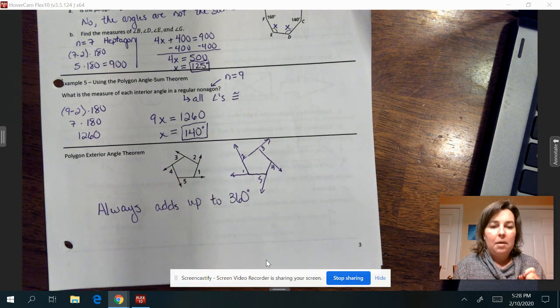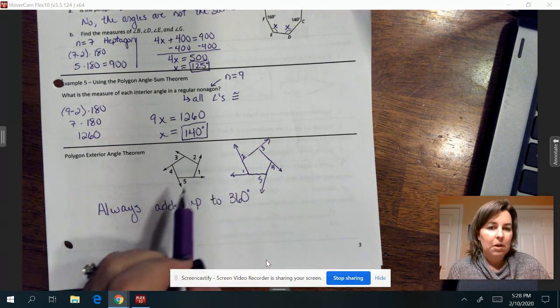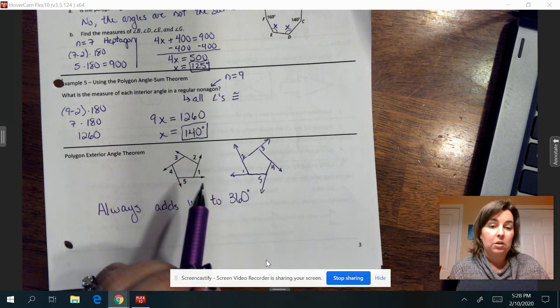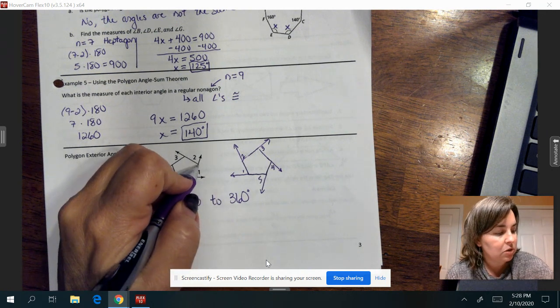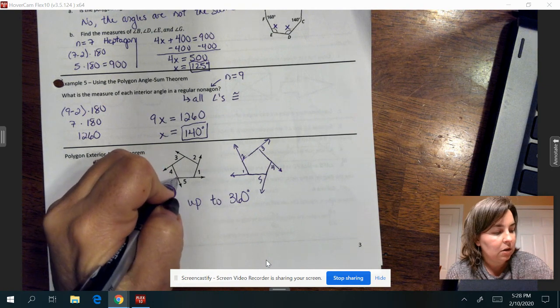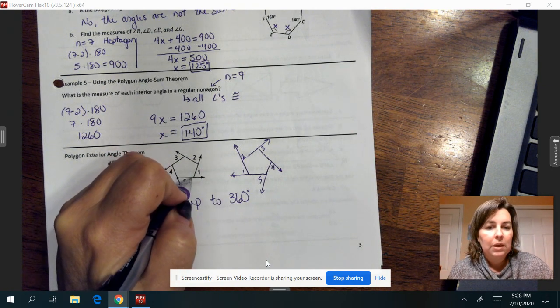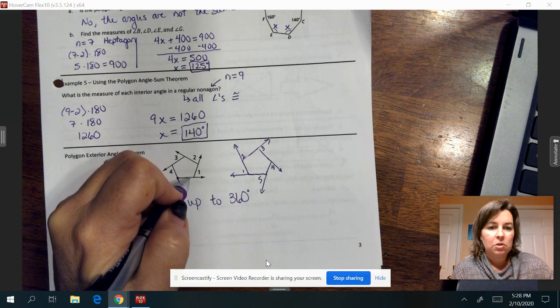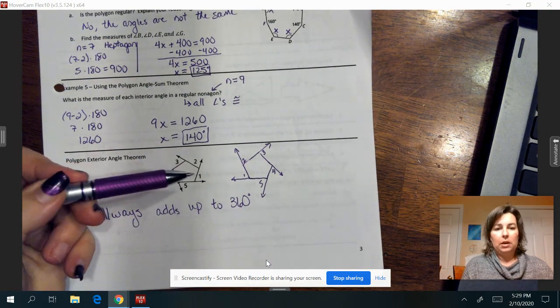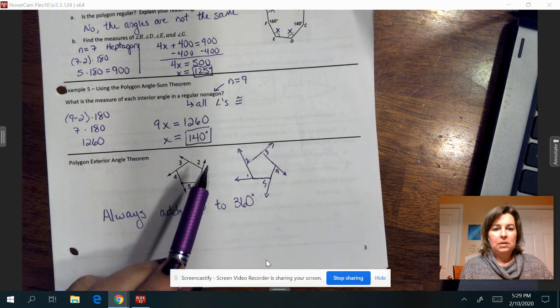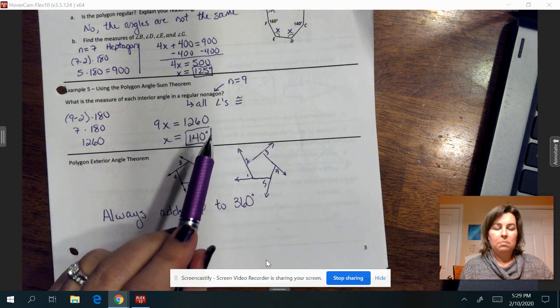Okay, and the reason is, if you imagine walking around whatever polygon you're doing, so let's say you start right here, and if I'm going to walk around, when I get to this vertex, I have to turn my body. So you imagine I'm walking and I'm facing this way, and then I turn my body this much so I could go up the next side.